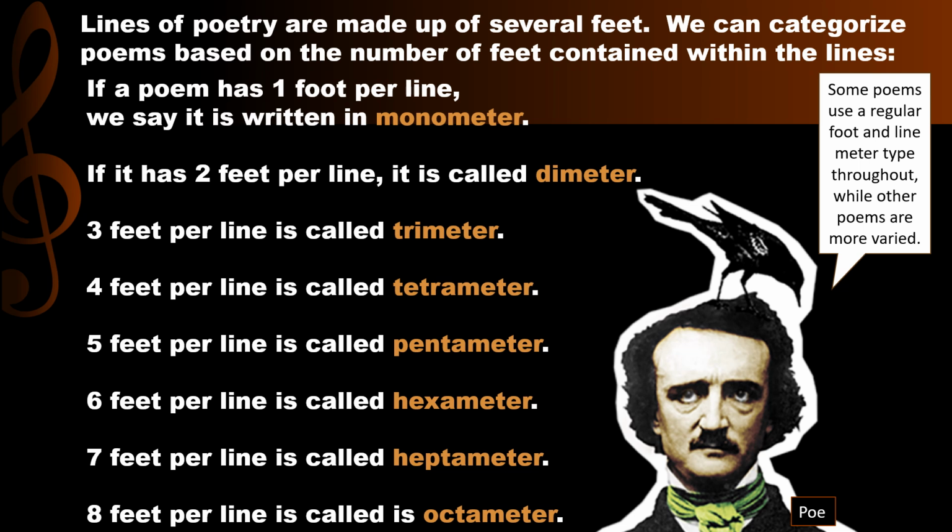And 8 feet per line is called octameter. Some poems use regular foot and line meter type throughout, while other poems are more varied.